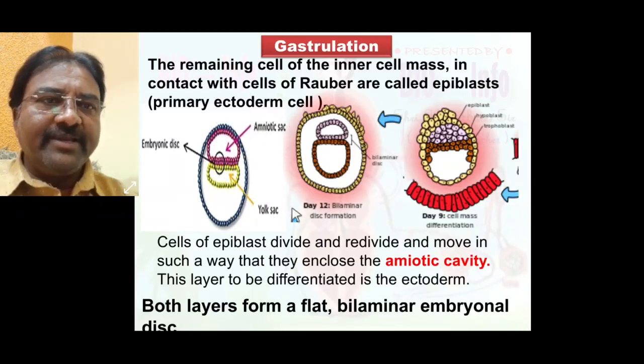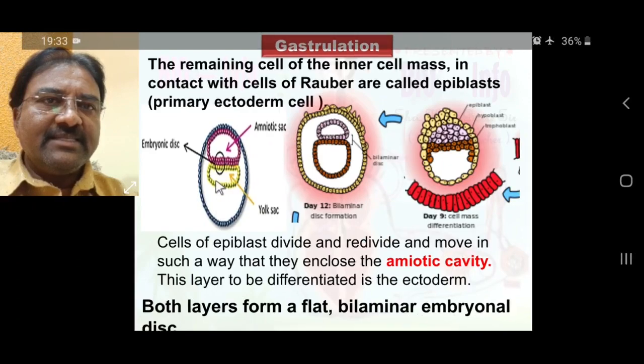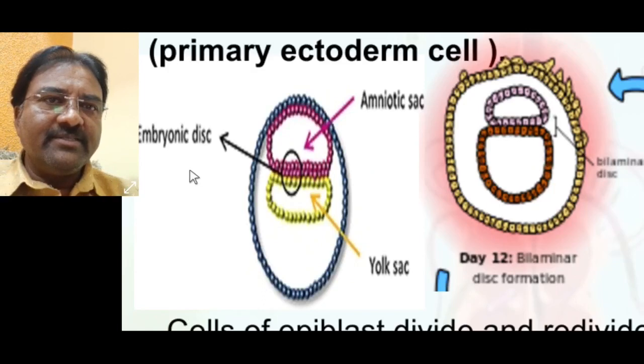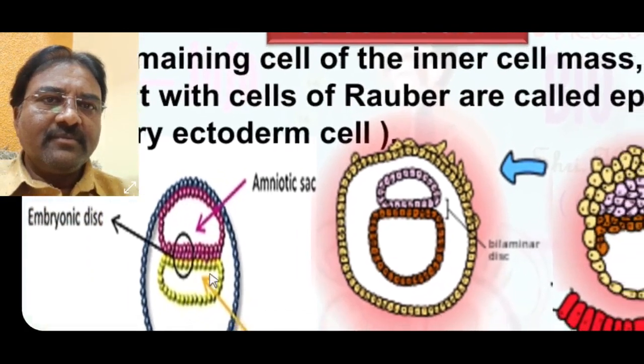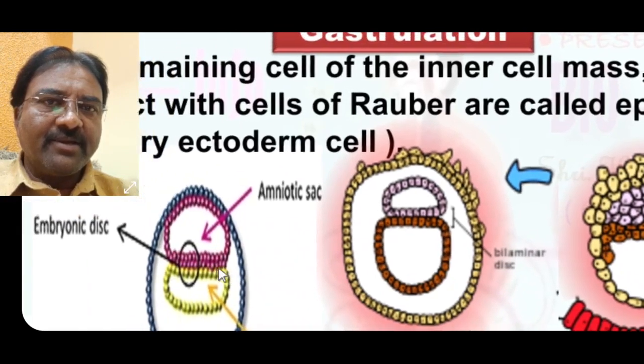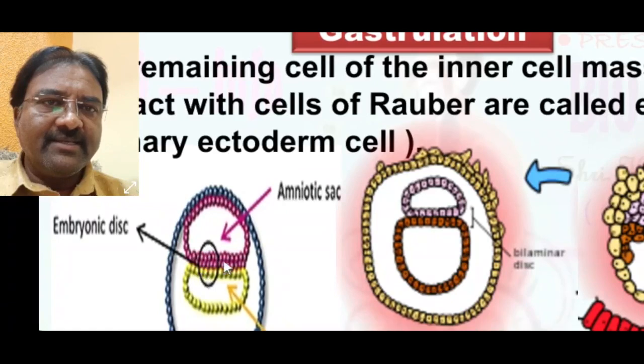So both layers form a flat bilaminar embryonal disc, seen here in diagrammatic representation. This is the ectodermal layer and this is the endodermal layer. Both layers form the embryonic disc; this is the embryonic disc, labeled.